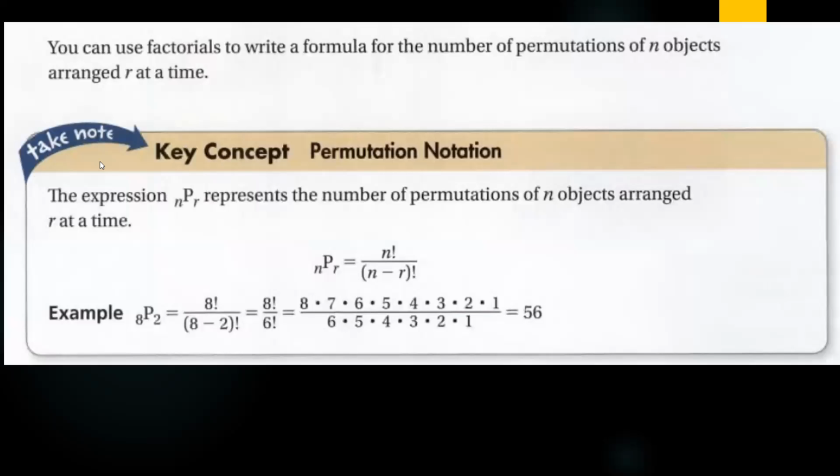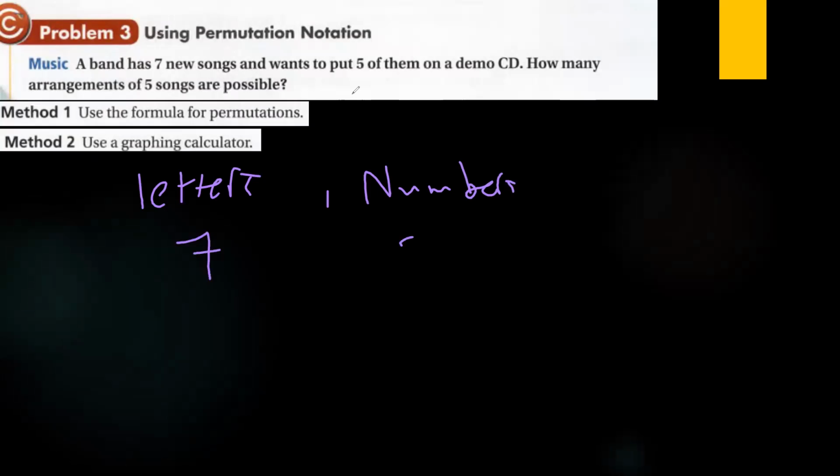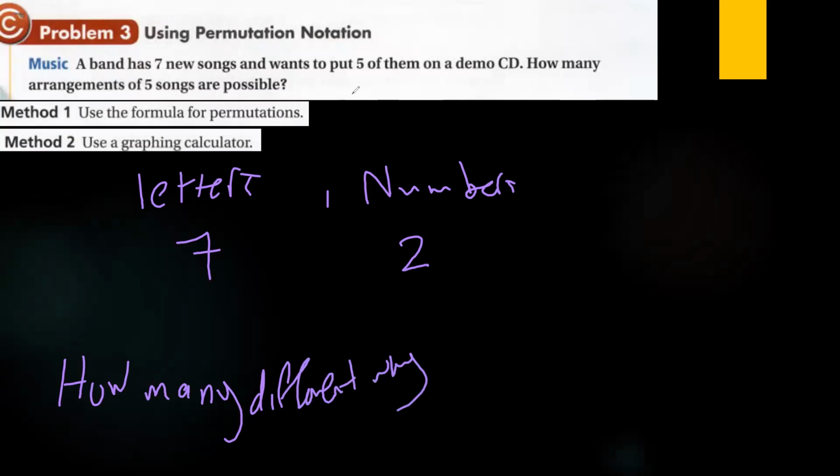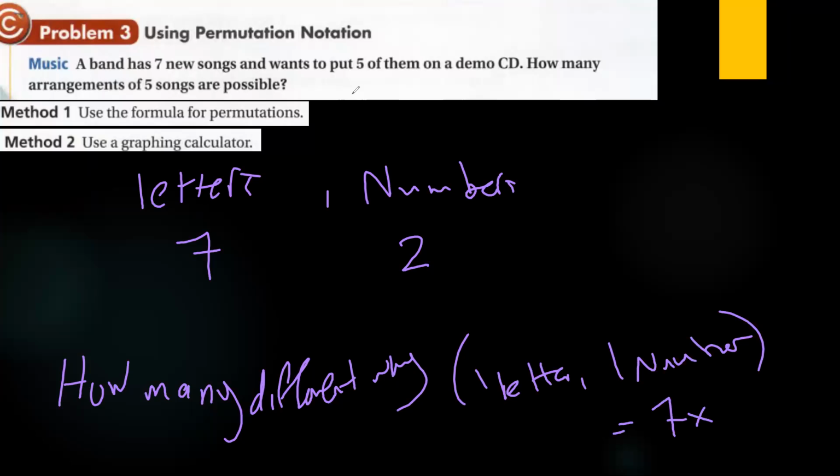So if I repeat, if I give you two things, such as letters and numbers, and I tell you that you have 7 letters and 2 numbers, and I ask you in how many different ways you can choose one letter with one number, what you have to do is multiply 7 times 2 to get 14.